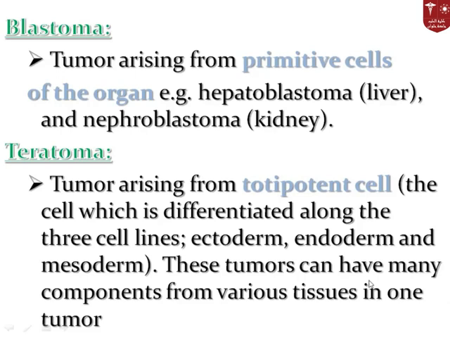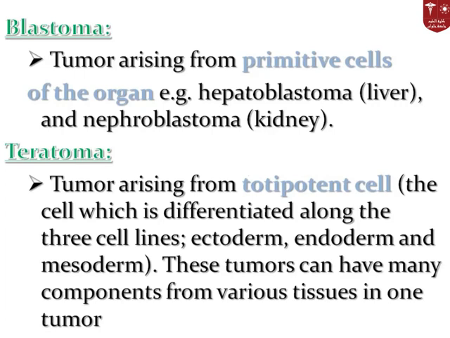So these cells are called totipotent cells. Toti means total. Potent means potential. So the cells have total potential. Total potential for what? For dividing into any type of tissue. So imagine that there is a tumor that arises from totipotent cells. This tumor will make a cell proliferation. But these totipotent cells, when they divide, differentiate to tissues.